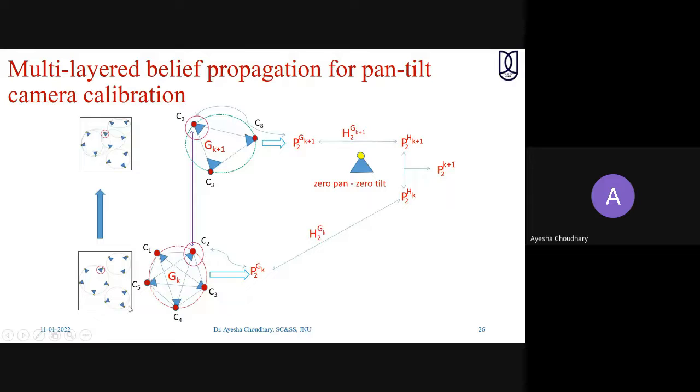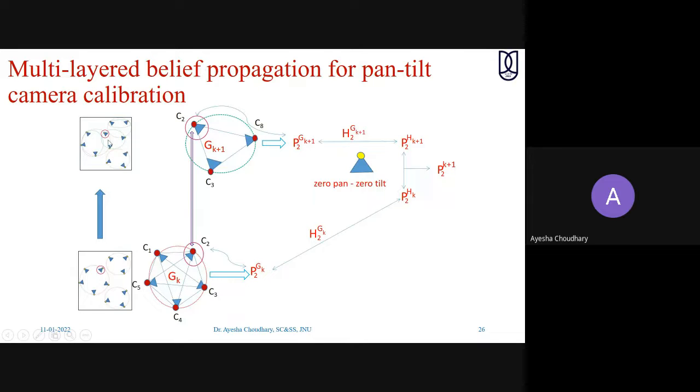Now, if you look at the pan-tilt camera network, what has happened? If this camera pans and or tilts, and this camera also pans and tilts, and this camera also pans and tilts, we get a new subnetwork. Right? So this network breaks. There is a subnetwork formed by these 3 cameras, and certain subnetworks are formed.